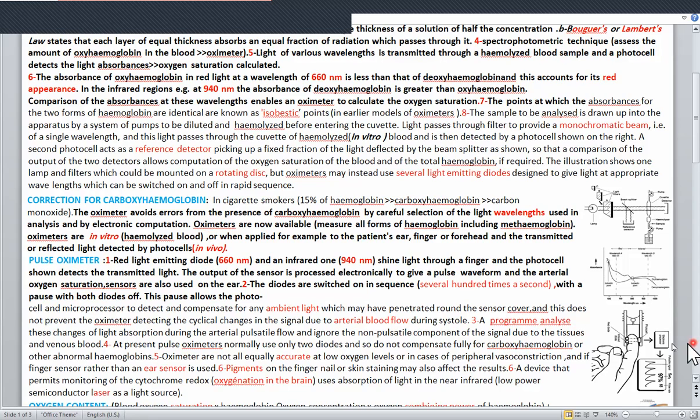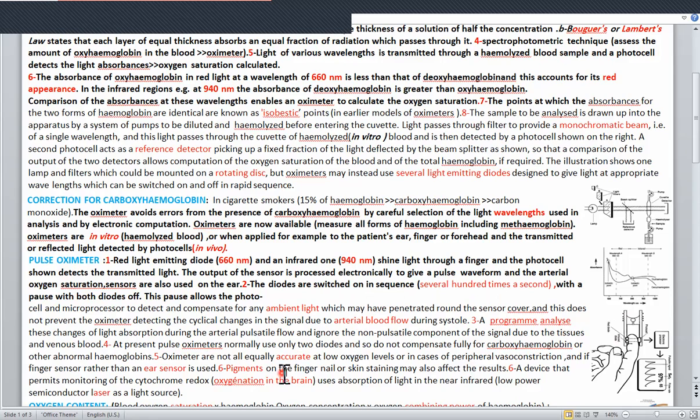The diodes are switched on in sequence several hundred times a second. Why? Because they want to ignore the light from outside the system, coming from, suppose, the veins, the skin, or the outside atmosphere. So it gives the time to process and ignore these signals to give me the proper oxygen saturation.